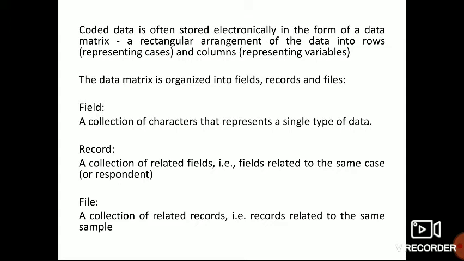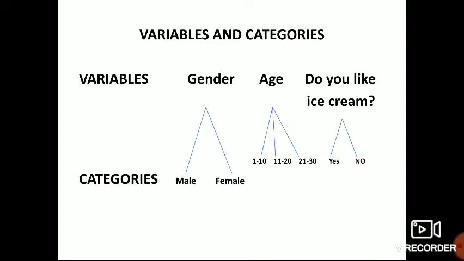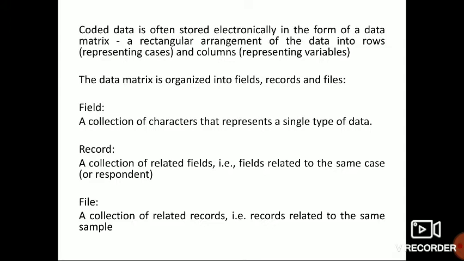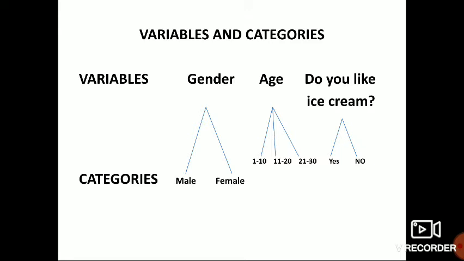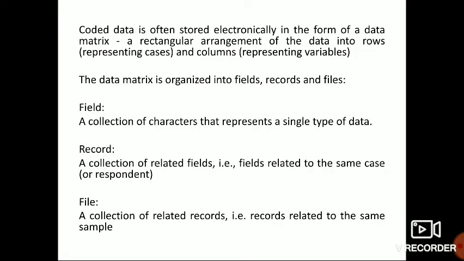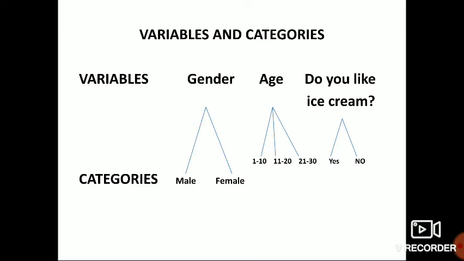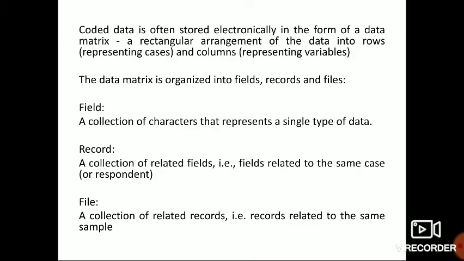A field is a collection of characters that represent a single type of data. See here, these are fields: gender, age, and the question do you like ice cream. A record is a collection of related fields, that is, fields related to the same case. The collection of fields and records is called a file.